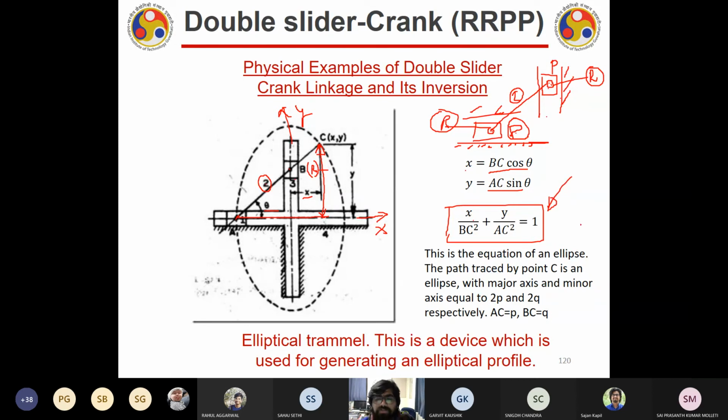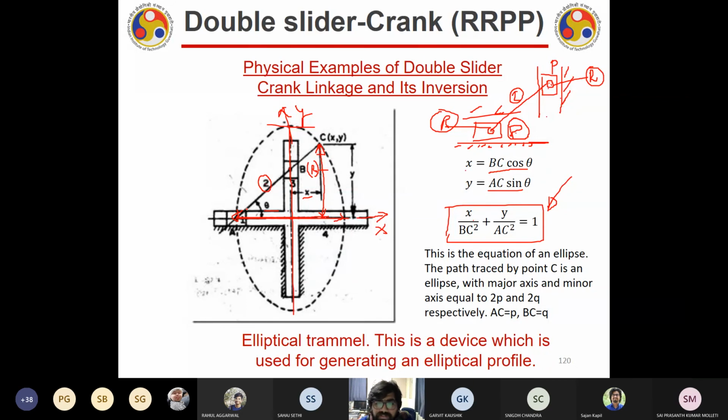This is nothing but the equation of an ellipse with its center at 0, 0. Fine. And its major and minor axes you can find out from here. The major axis will be AC, and this will be the major axis and this will be the minor axis. Correct?